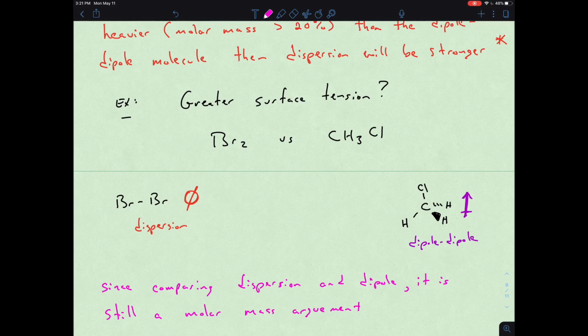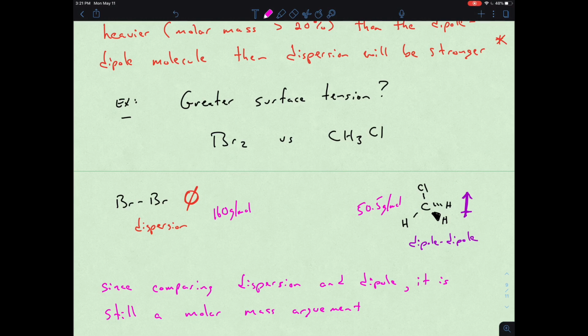So bromine would weigh 160 grams per mole, while chloroform weighs right around 50 or 50.5 grams per mole.